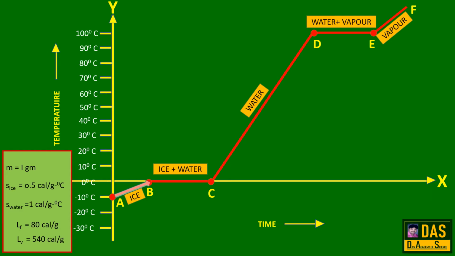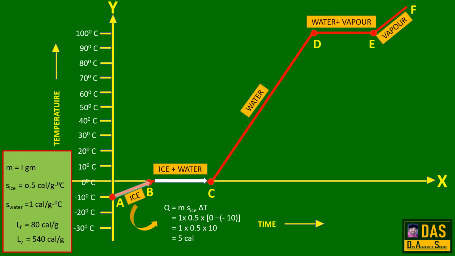For calculating this amount of heat energy, we use the formula Q is equal to m s delta T. By substituting the values m, S ice and delta T, we get 1 into 0.5 into 10. By calculating, we get 5 calories. So, amount of heat energy required to convert 1 gram of ice at minus 10 degrees Celsius to ice at 0 degrees Celsius is 5 calories.